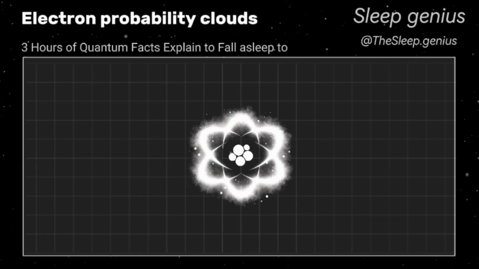In real-world applications, electron probability clouds are more than a theoretical curiosity. They form the basis of modern technologies that we rely on every day. The design of semiconductors, for example, depends on understanding the behavior of electrons within atoms.